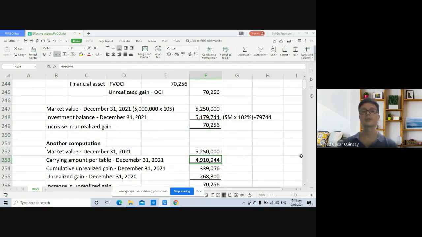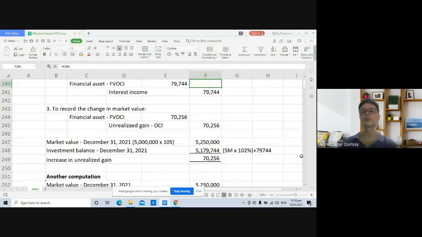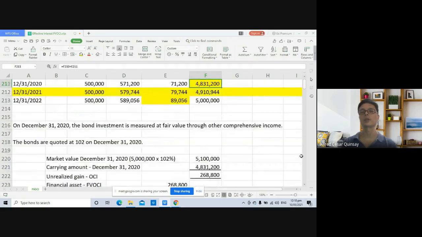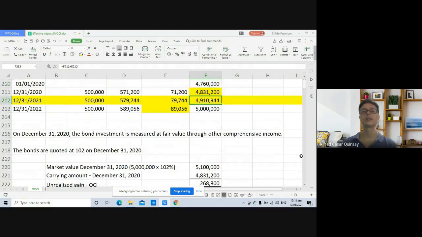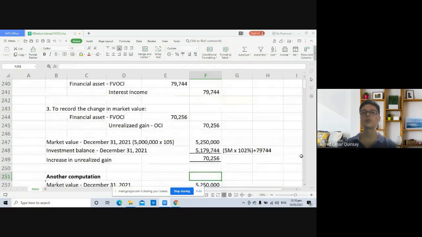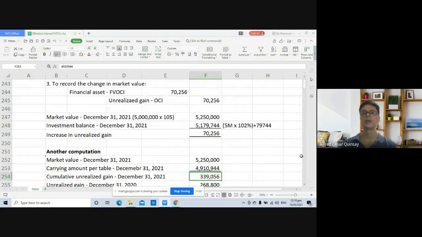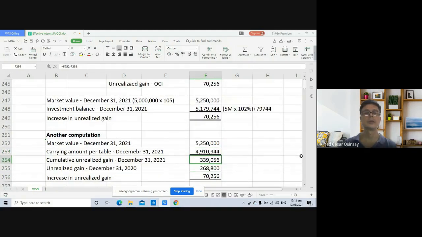Tapos less yung carrying amount, yung 4,910,944 dito sa table. Okay, then makukuha natin yung cumulative na unrealized gain na 339,056.